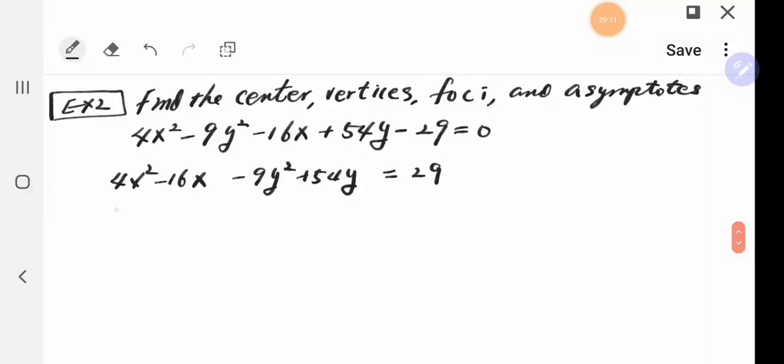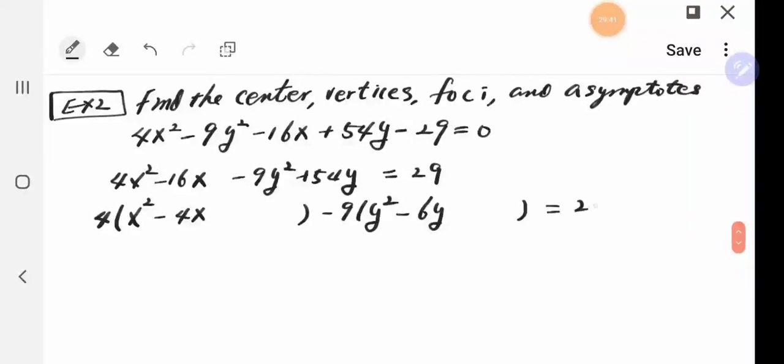From this we can factor out 4, so this will be x squared minus 4x, and then factor out negative 9, then y squared minus 6y, is equal to 29.